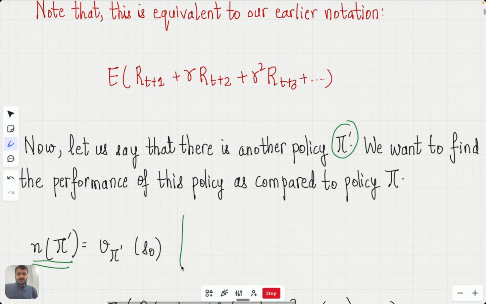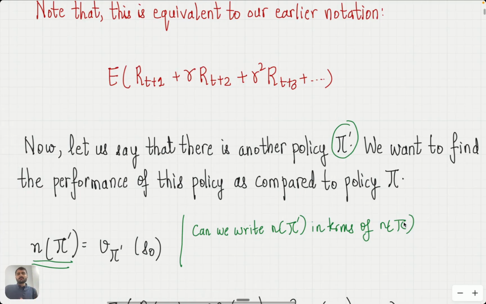The question is, can we write n of pi dash in terms of n of pi, which means that I want to understand whether the performance measure has improved or not compared to one policy.